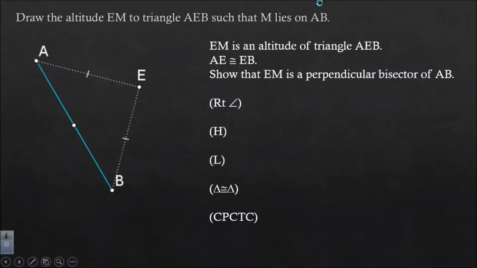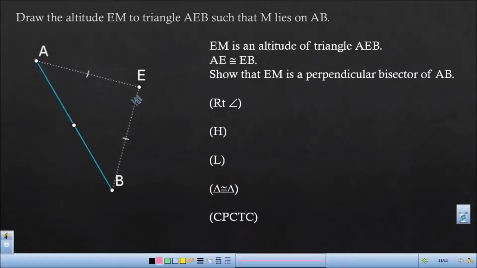Our first step is to connect E perpendicular to M. So we draw an altitude for the triangle, and that gives us right angles on either side, and we name this point M. So we say then that angle AME and angle BME are both right angles.